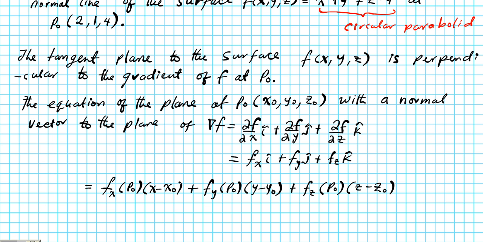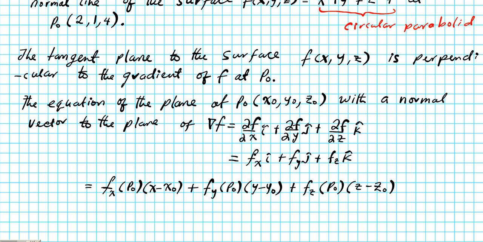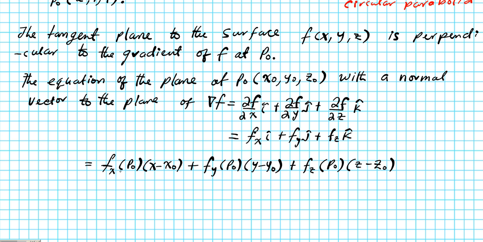All right, so this basically is the equation of the tangent plane. You see we got our normal vector from the gradient. Oh wait a minute, this is supposed to be equal to 0. Sorry about that. So this whole thing is equal to 0.